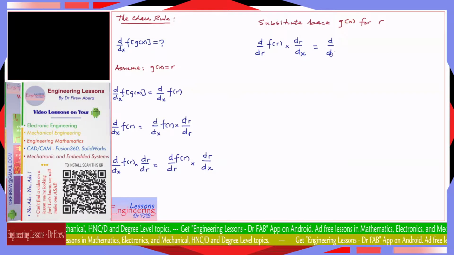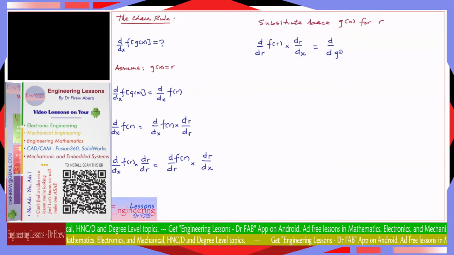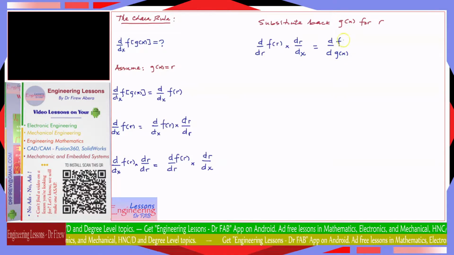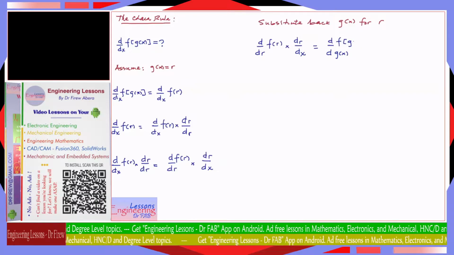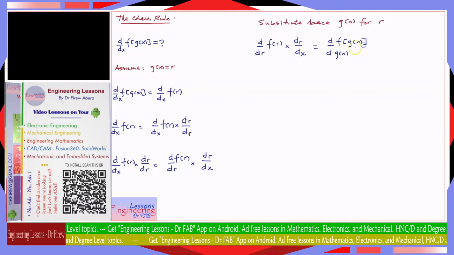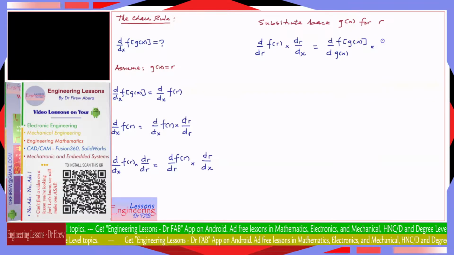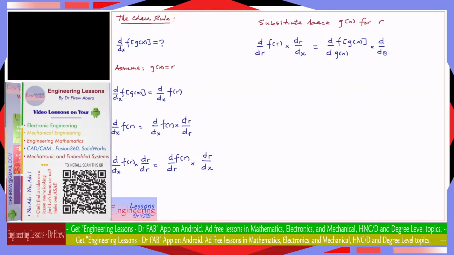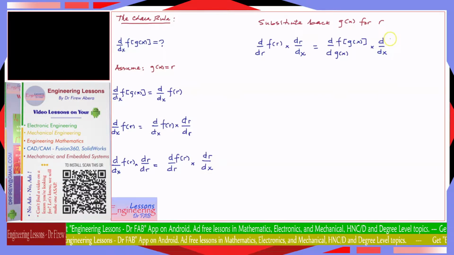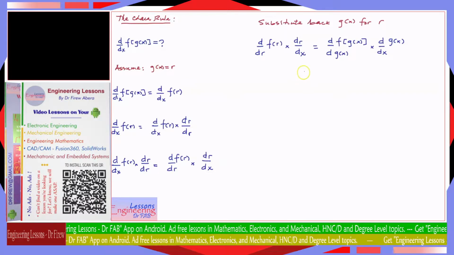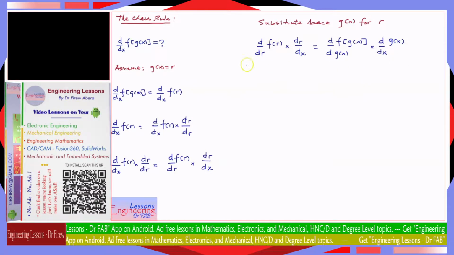We have d by dx of f of g of x, equal to d by dr of f of r times dr by dx. If we then substitute back g of x for r, we have d by dx of g of x, times d by dr of f of r.